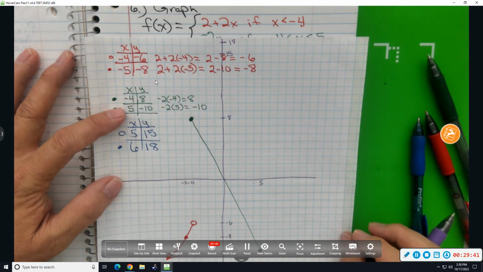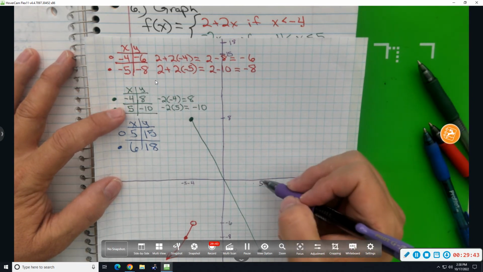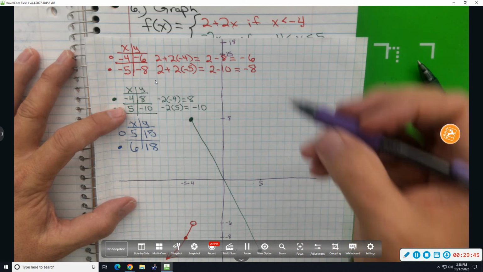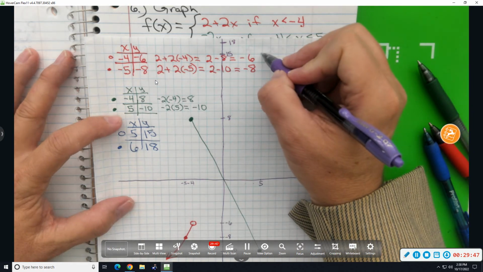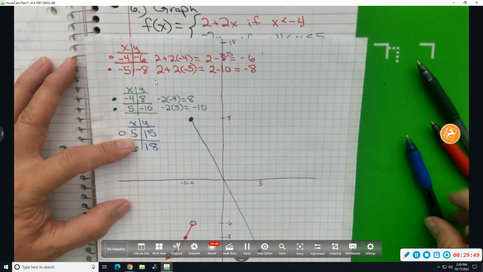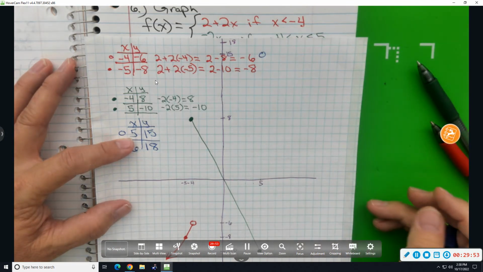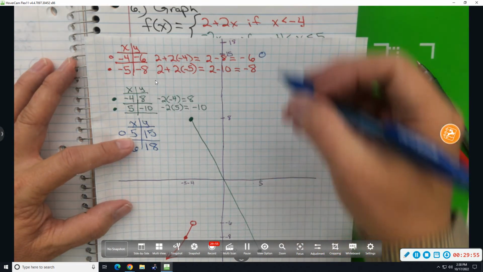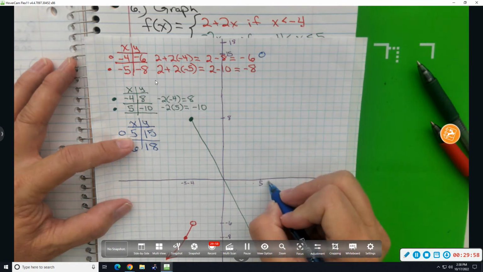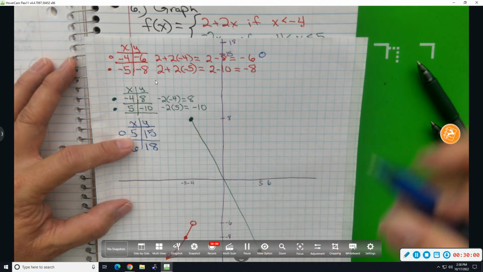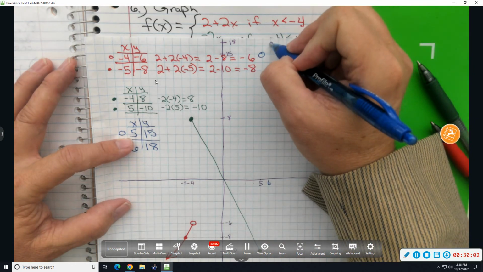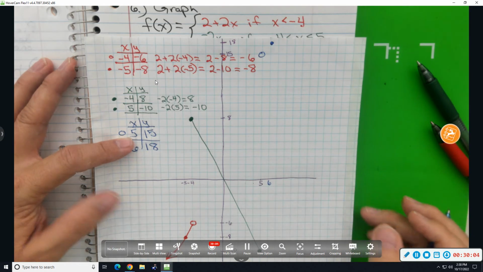So I should have just free-handed this after all. We go to 5, 15. We have an open circle at 5, 15, and then at 6 we go up 18 units. Notice that's just a plain blue dot.